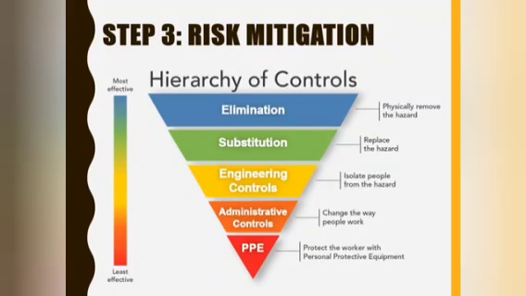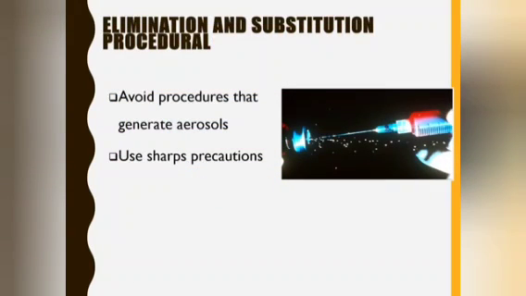Administrative controls, through which the way of working is changed. And last but not the least, personal protective equipment. For elimination and substitution, avoid procedures that generate aerosols as much as possible and use sharp precautions.